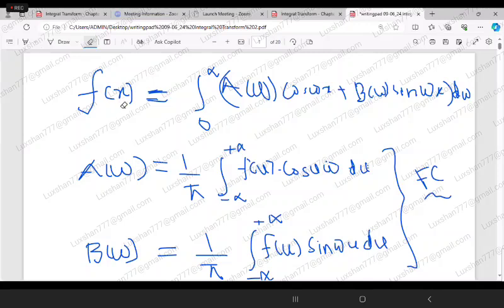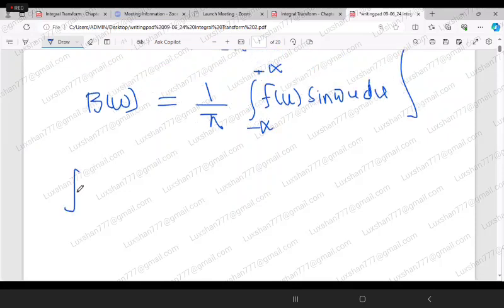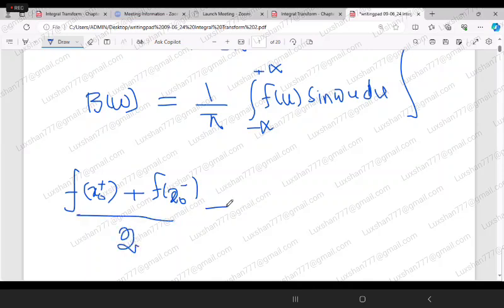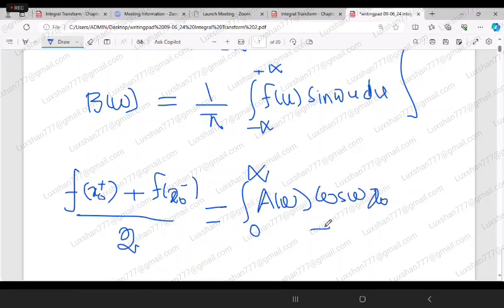But at a point x naught where the function is not continuous, what you have to do is use [f(x naught plus) + f(x naught minus)] divided by 2, equal to the integral of a(ω) cos ωx naught + b(ω) sin ωx naught.